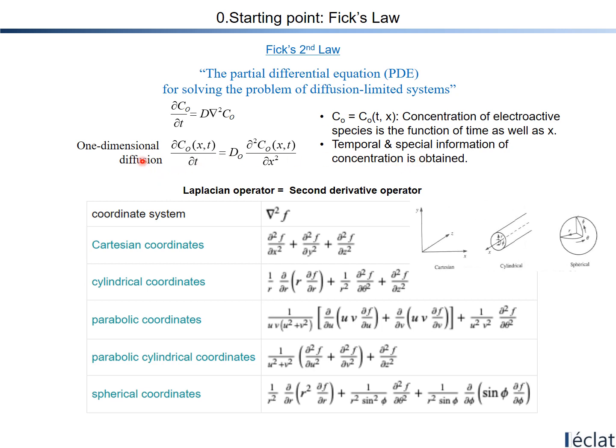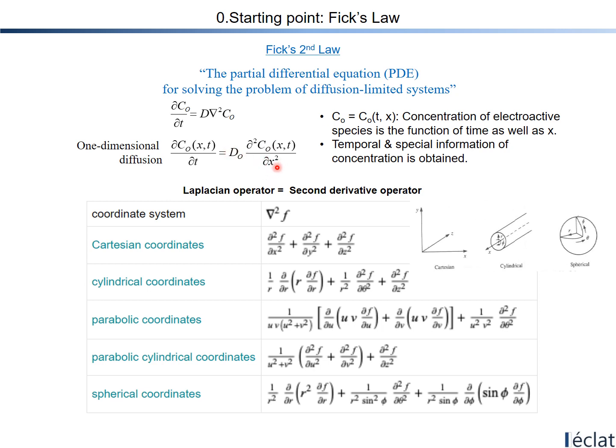In the case of one-dimensional diffusion, this generalized version of Fick's second law is more simplified, like dc/dt is equal to the diffusivity times d²c/dx².